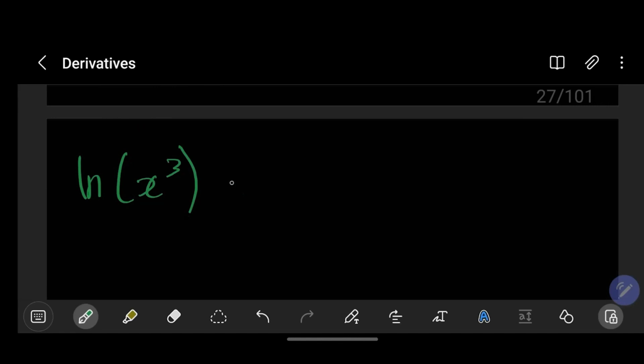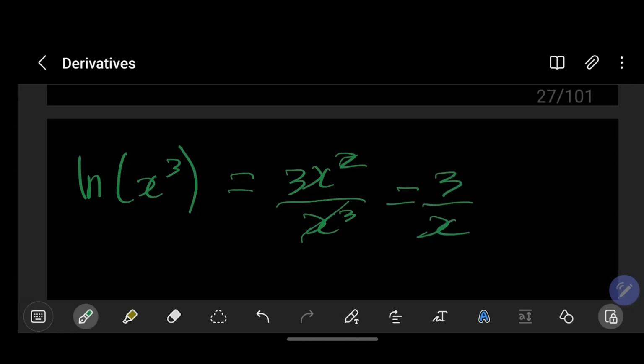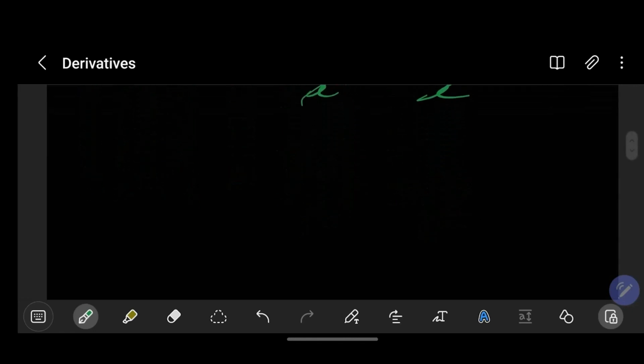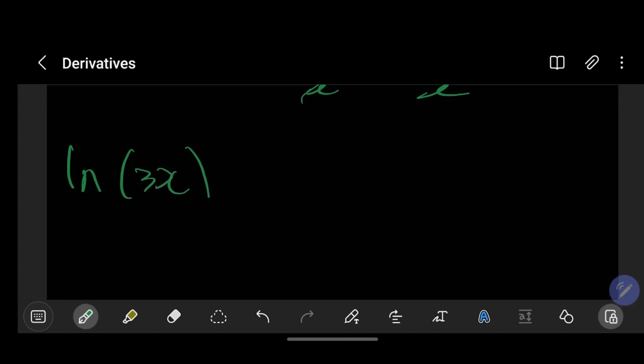That's basically equal to f of x prime, so it's 3x squared by the power rule, over x cubed, and we can cancel those out, so we are left with 3 over x. Okay, so try to simplify where you can. What if we have ln of 3x? Okay, so we need to find the derivative of 3x, which is 3, over 3x. 3 and 3 will cancel out, so we are left with 1 over x.